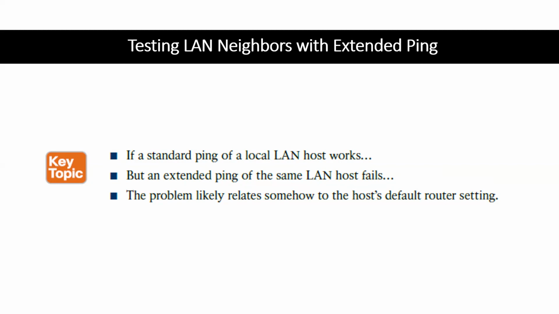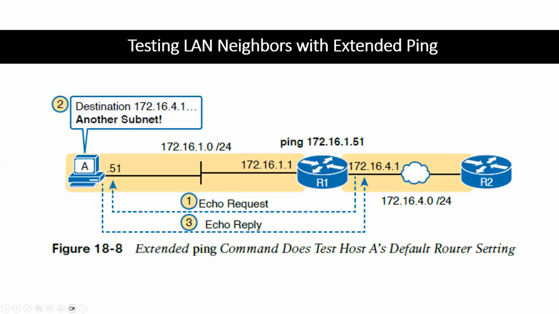It's maybe going to reach out to the first router to send that. It's not working because maybe I have the wrong default router set on my host. And again, the standard and extended pings have different effects, so let's take a look at how that looks.